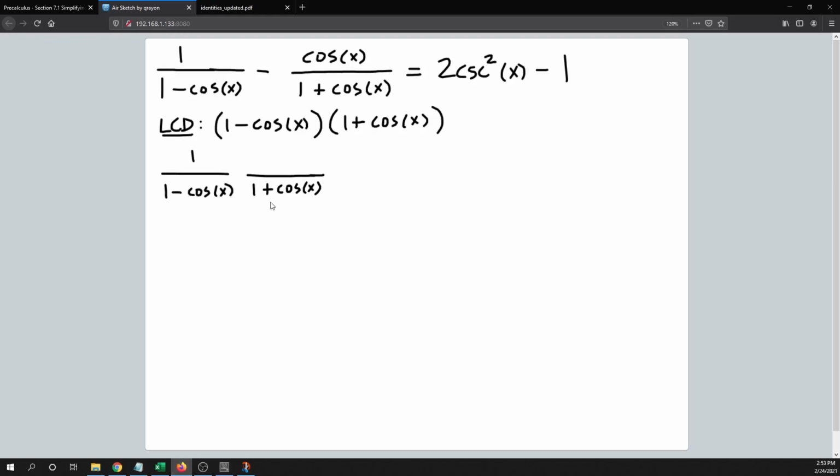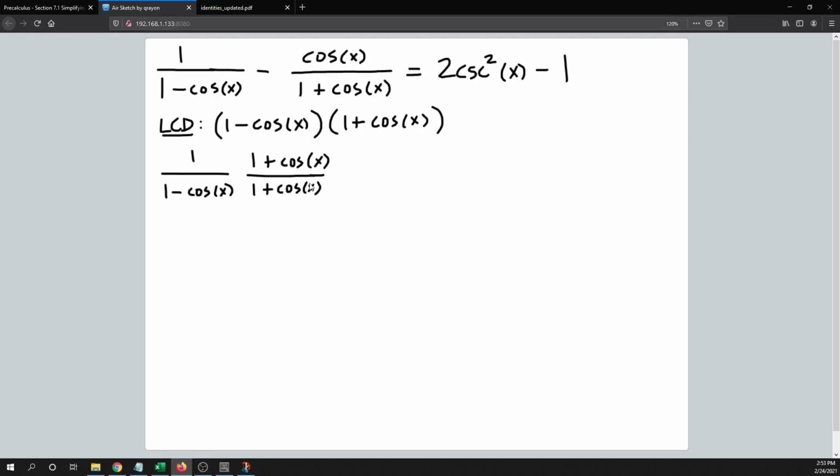Now, I can't just multiply wherever I feel like it. In math, it would be a lot easier if you could do that, but it's not, right? So in order to keep things balanced out, I will also have to multiply the top part of the fraction by 1 plus cosine x to balance it out, okay? 1 plus cosine x over 1 plus cosine x is always equal to 1, right? Because it's the same number on top and bottom of the fraction.